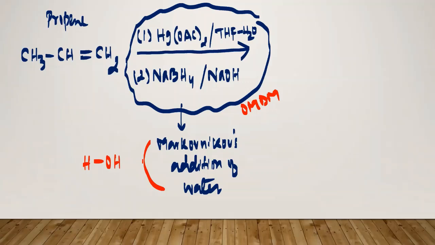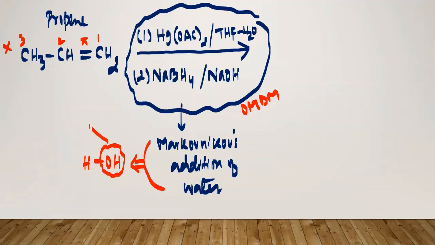So take one water molecule and add it across the carbon-carbon double bond. Carbon number 1, carbon number 2, carbon number 3; 3 is not participating. Now look here, the OH group will go to that carbon which has less number of hydrogens.